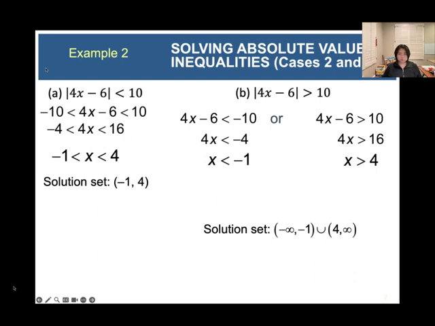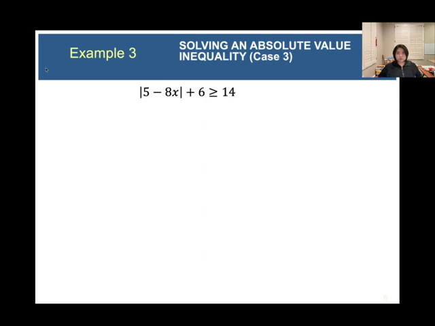Okay, this one. Think about it. This is going to be case 2 or case 3. We do have a greater than, right? So that's a disjoint solution. That would be case 3. But before we work on it, we need to have one absolute value on the left hand side and one constant on the right hand side. We do have the 6 here. So before we apply case 3, we're going to subtract 6 from both sides.